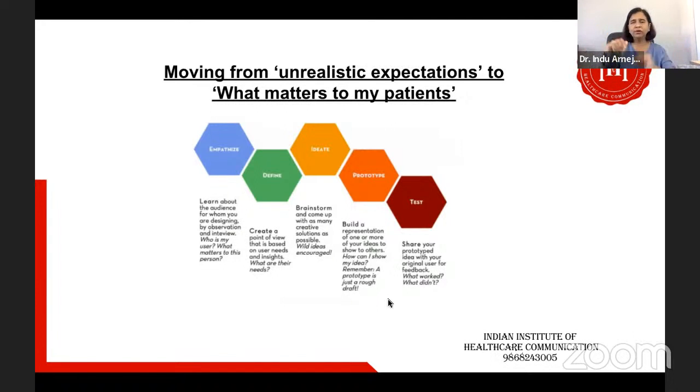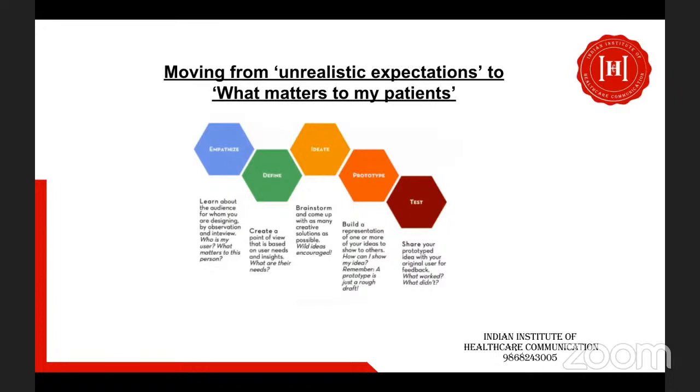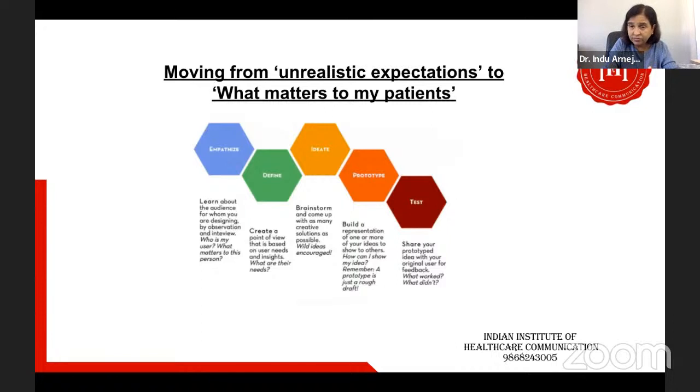That will give you a rough draft that you can test. And if that test is okay, if you think it's helping to save patients' time, to increase patient satisfaction, to decrease patients' waiting time, whatever your objective is, that means this is working.